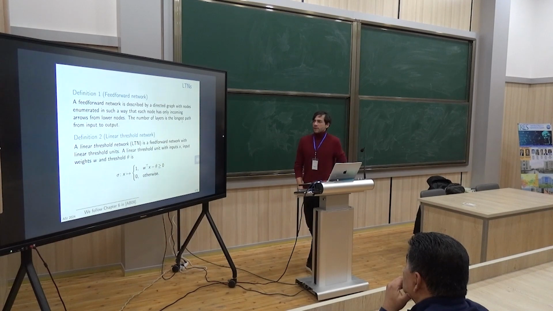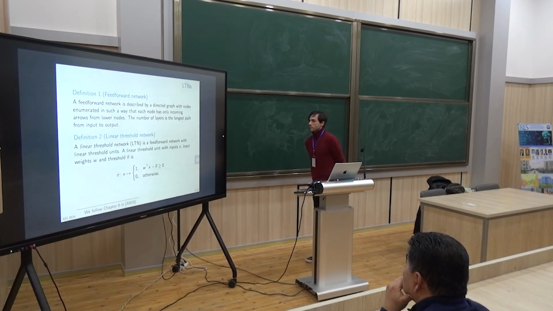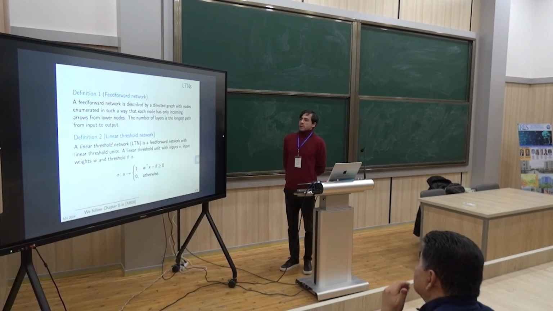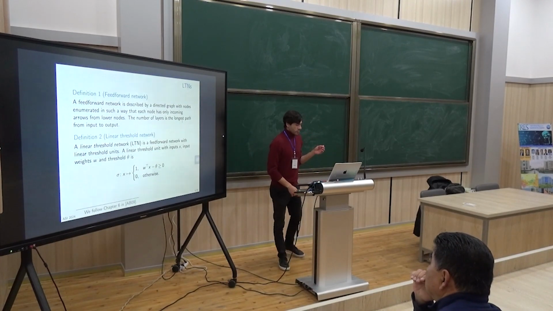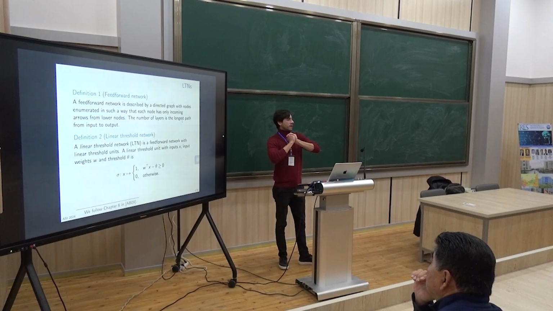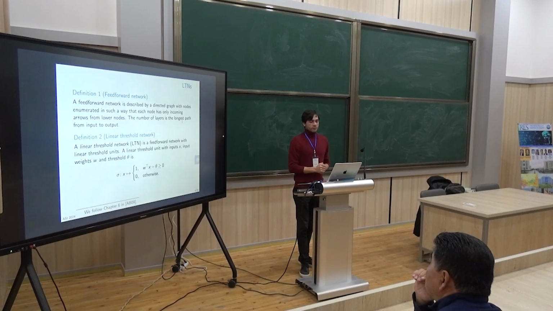The number of layers of the network is the longest path from input to output. And then for every node, we're going to apply an affine function of all the variables that have incoming edges, and then we apply the activation function. So the activation function for a linear threshold network will be the following.